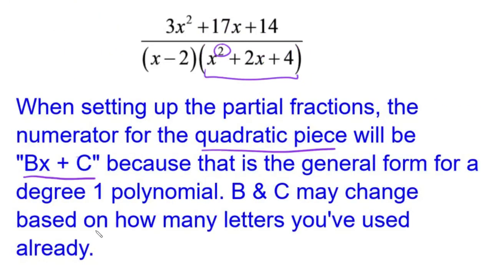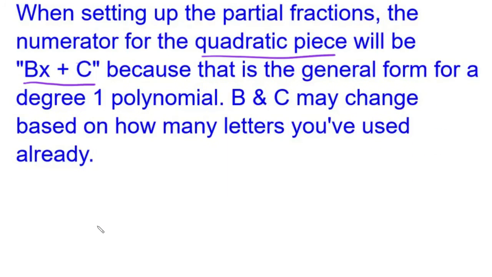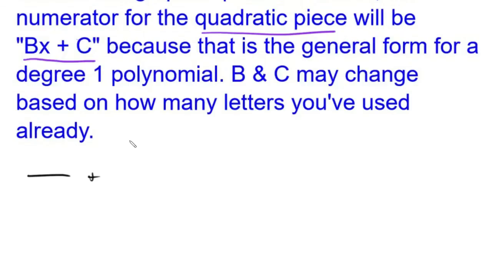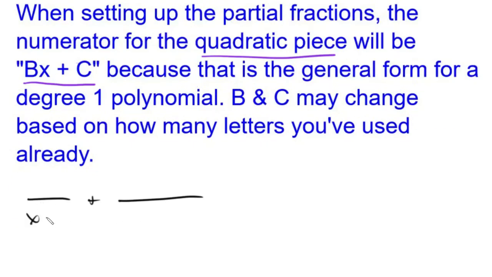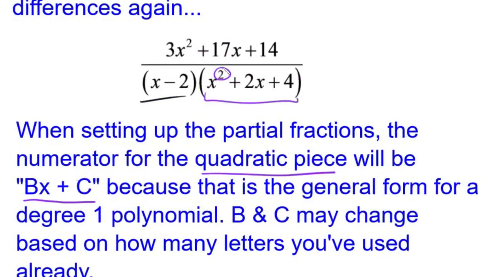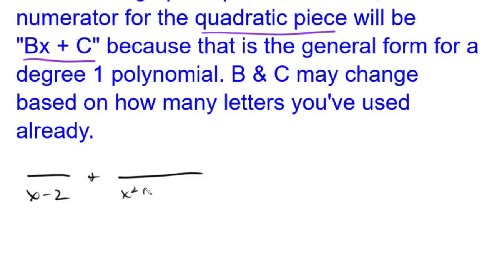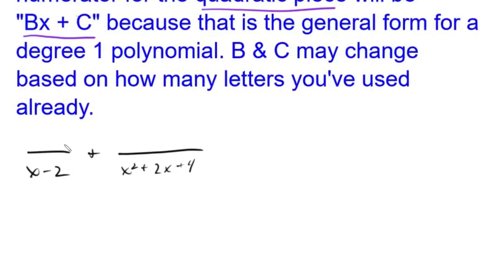So break down into partial fractions. You're going to have 2 partial fractions, because you've got 2 denominator pieces. One of them will be x minus 2, and one of them will be x squared plus 2x plus 4. The numerators are 1 degree lower.